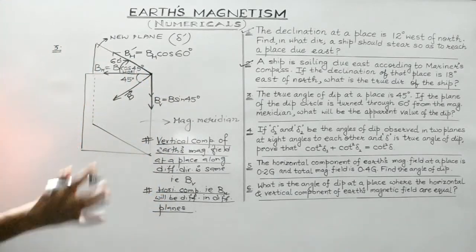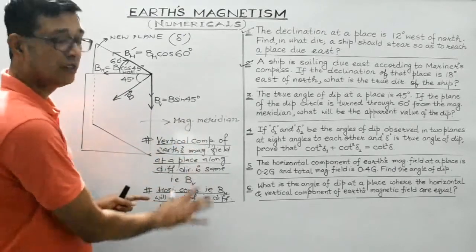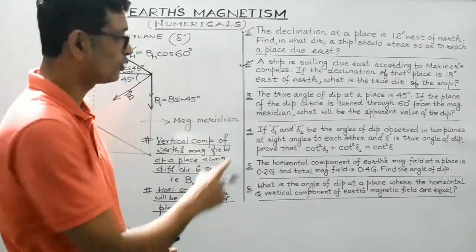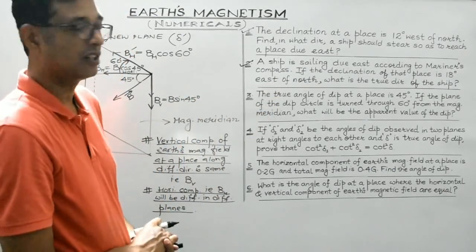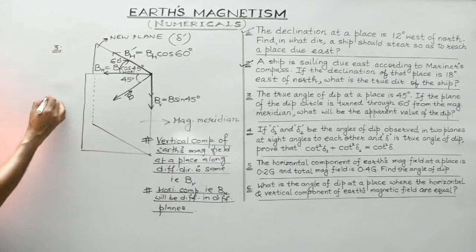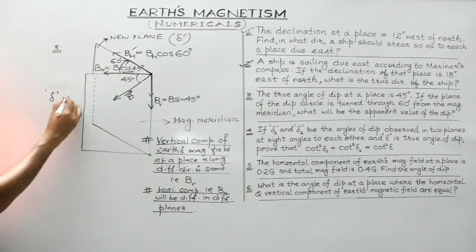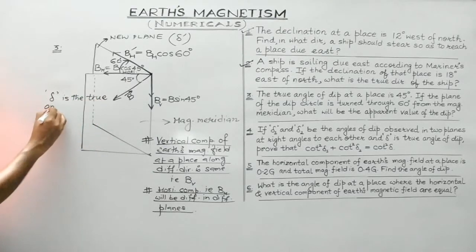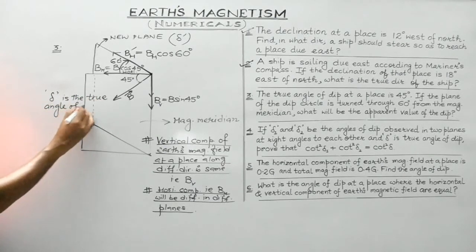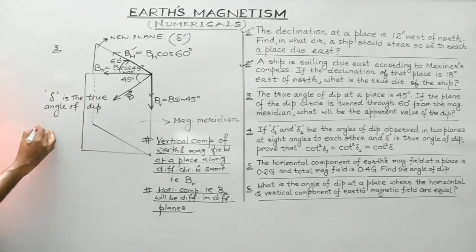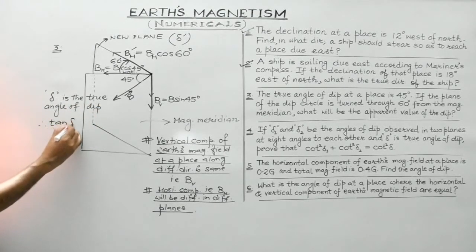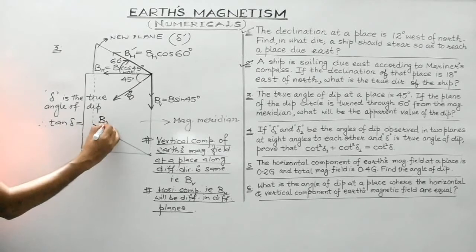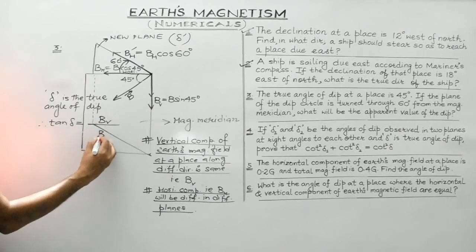Okay. Now, these are the two main important points to enable us to solve this question. Now, a simple thing. Delta is the true angle of dip. Therefore, we are aware tan delta is equal to BV divided by BH.